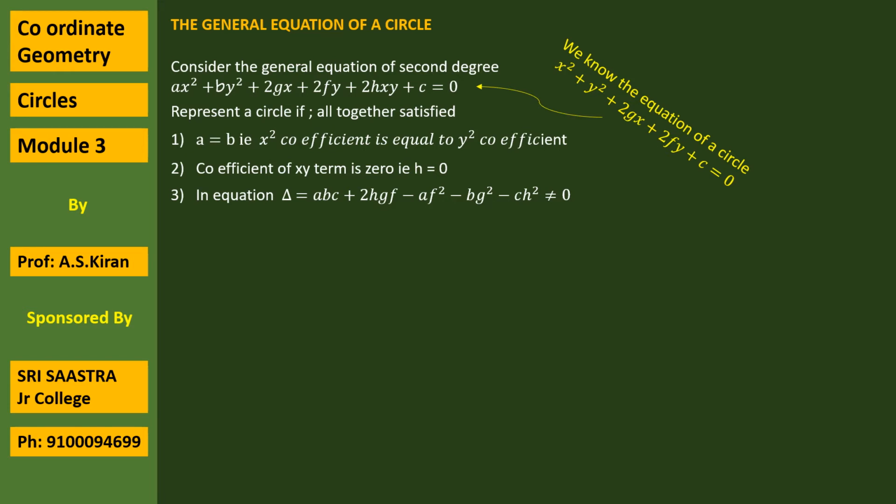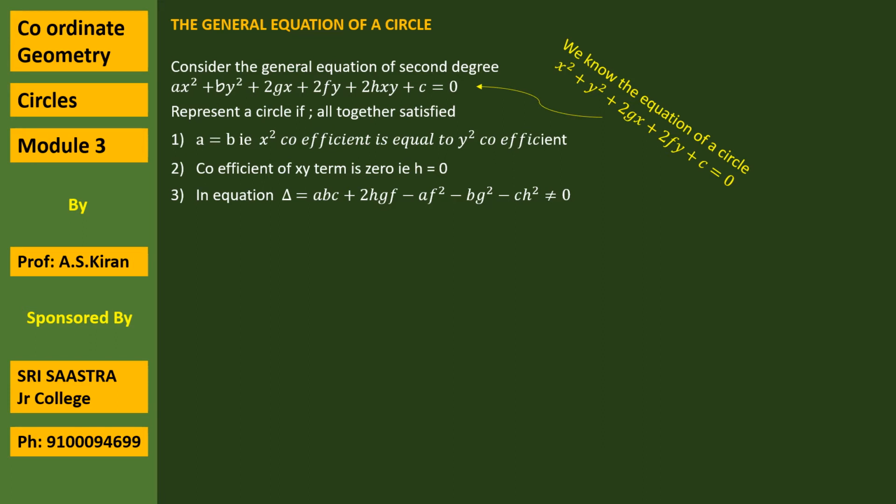In the second degree general equation, the value delta: ABC, what are those? A is the x square coefficient, B is the y square coefficient, and C is the constant term. The delta value proceeds like this.